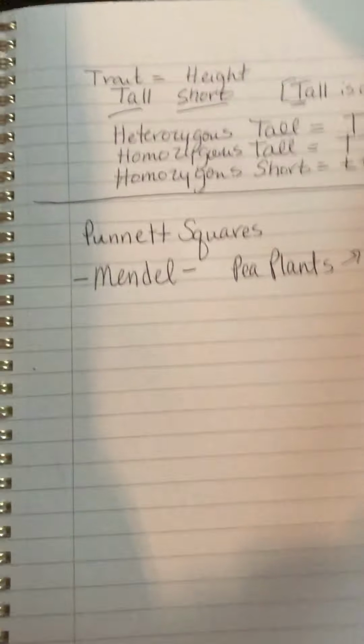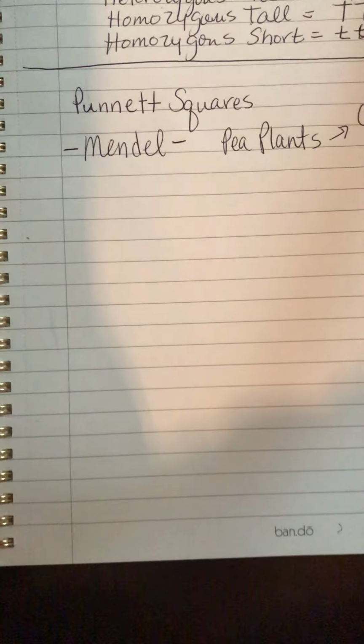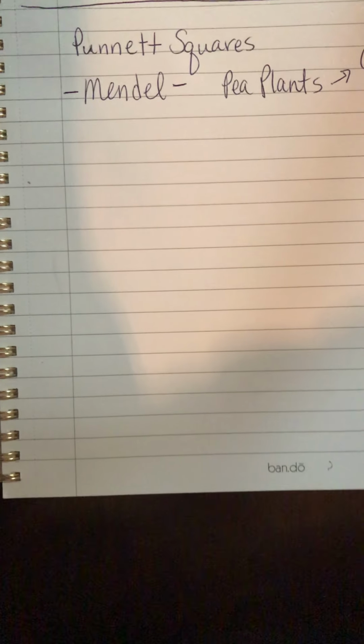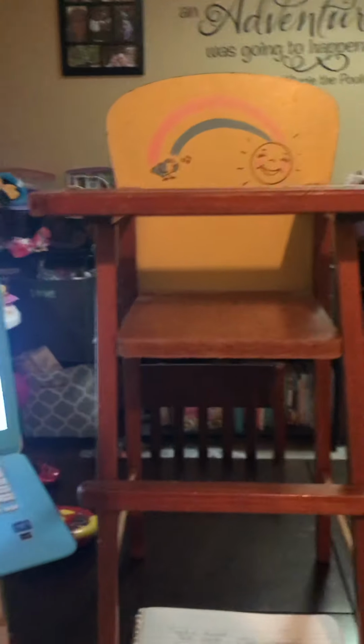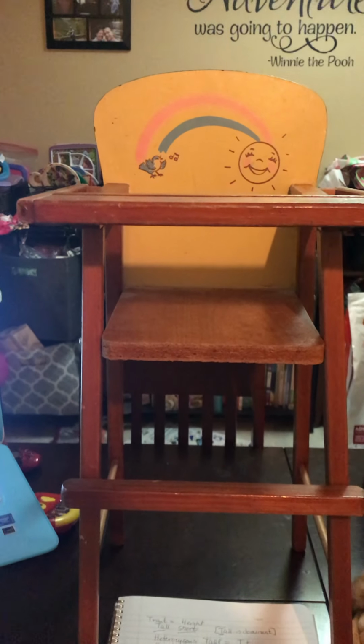See if I can put this down without it falling. Sorry. It's a delicate balance here. Just in case you're wondering what's happening, this is what's happening. This is my daughter's, it's actually like my grandmom's little play high chair.